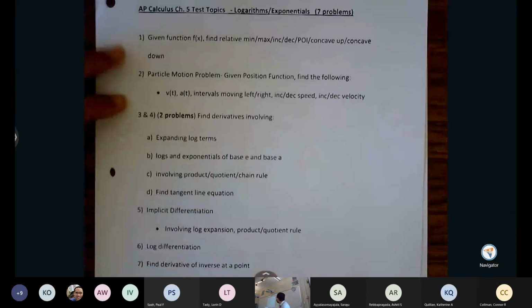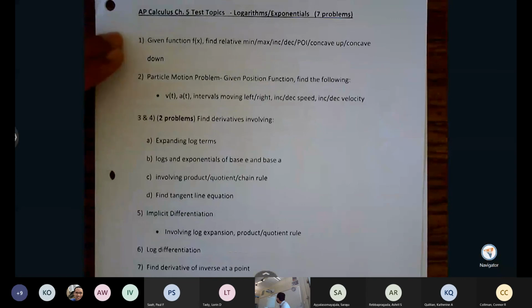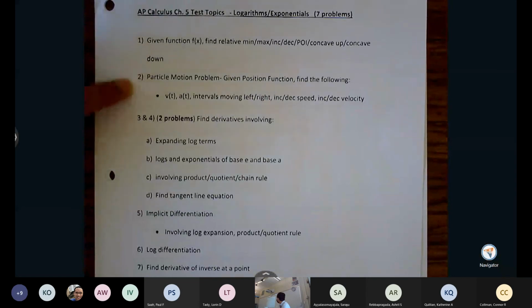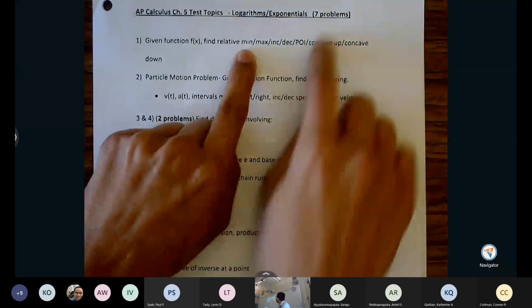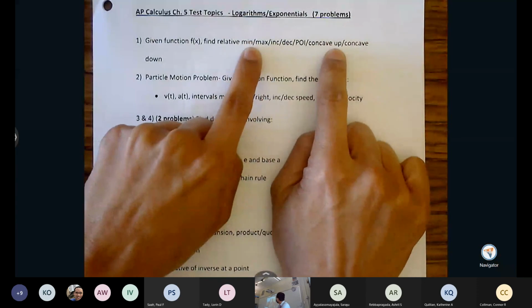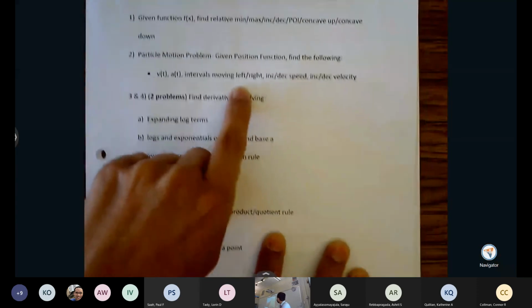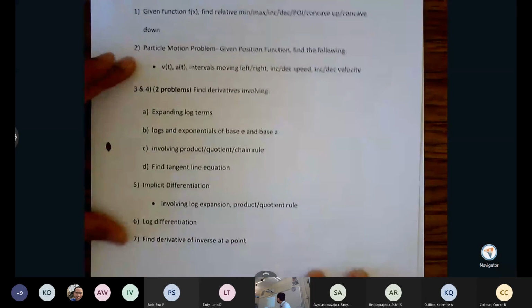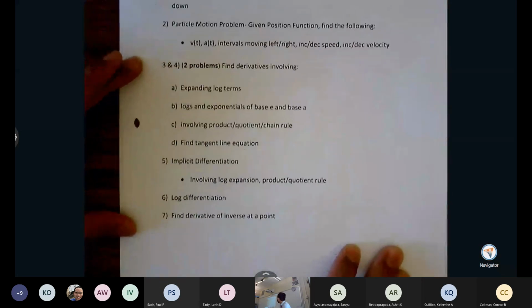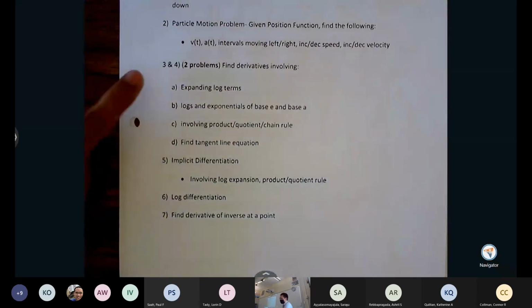We did the two extended problems, relative max, relative min, concave up, concave down. And I said before, it's either one or the other on the test. Particle motion, we did that, and then here are the other topics, the standalone problems.